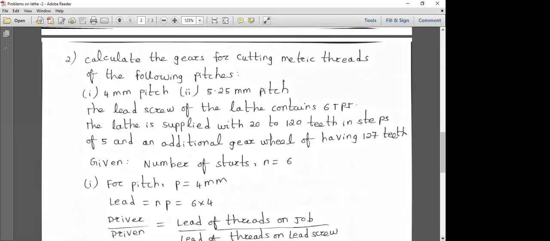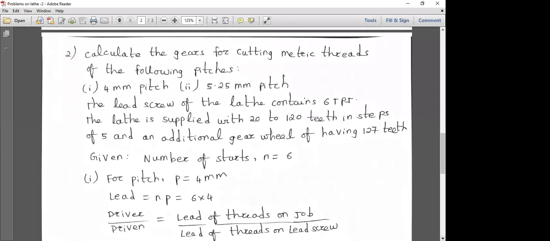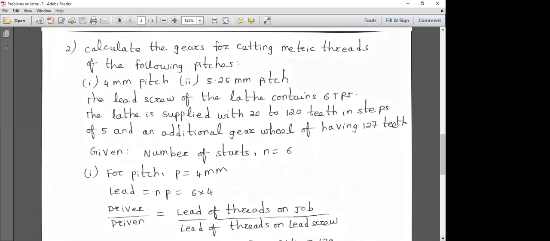Yesterday I told you this formula, driver by driven. The lead of threads on the job or workpiece, by the driven, the lead of threads on the lead screw.